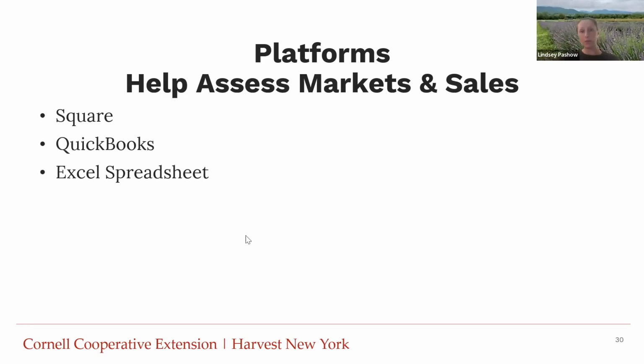I know where my markets are for my farm, because everything's now tight between the farm stand and the U-Picks. But you can also make ways in Excel, QuickBooks, and Square to identify those different markets, and you can see where your sales are going to be for the season.